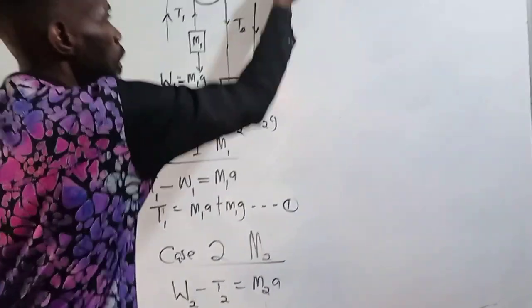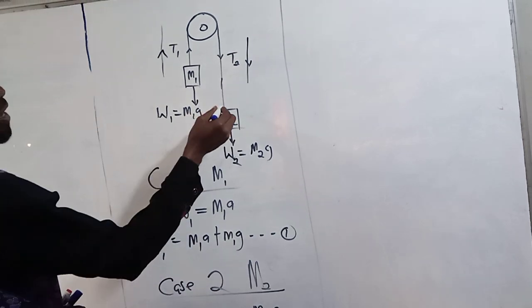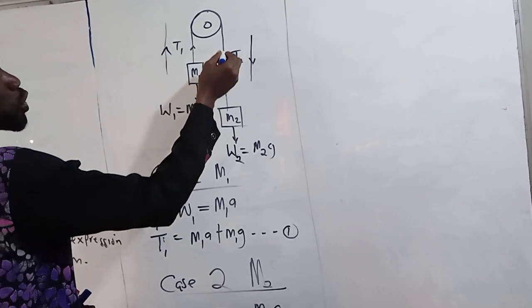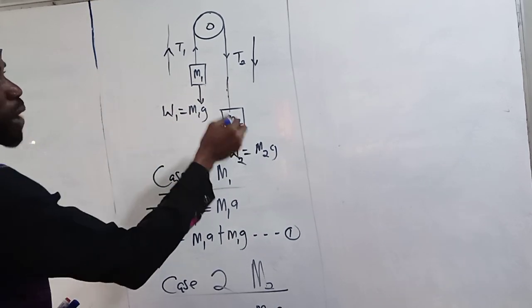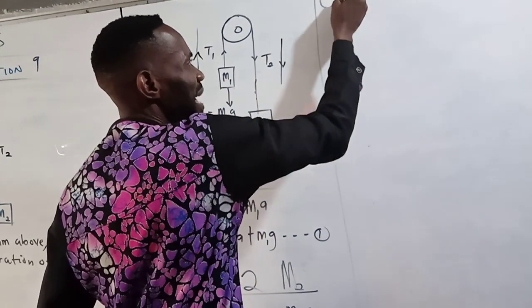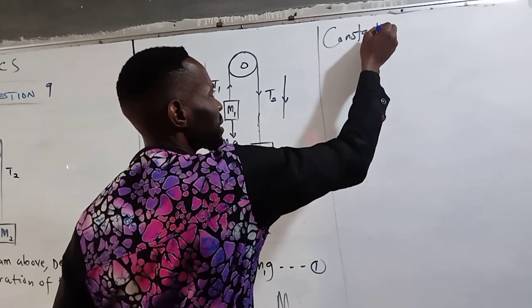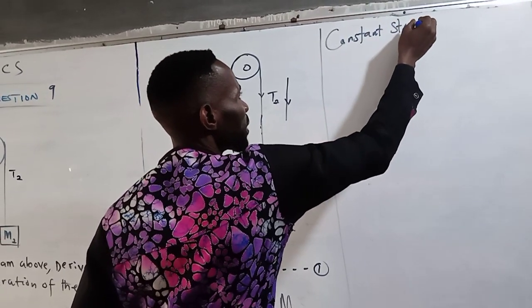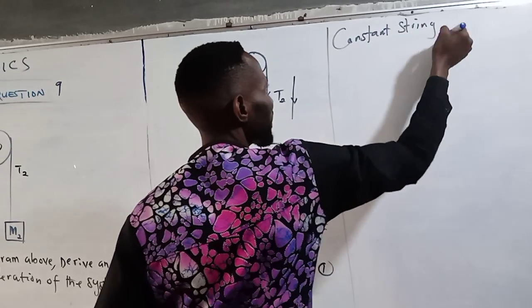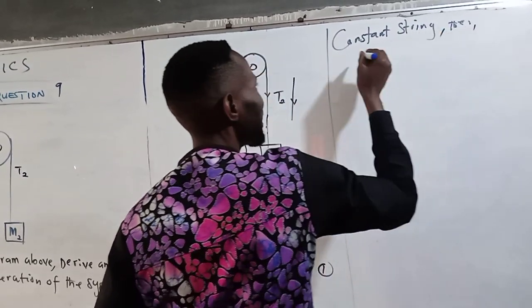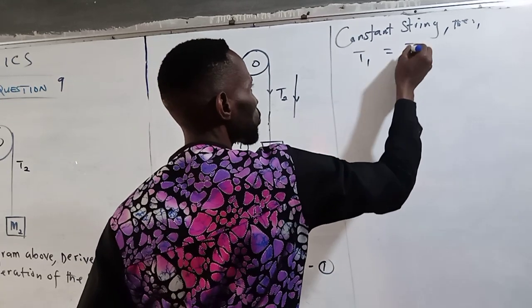But we should recall that a single string is used to attach both bodies of masses. As long as we have a constant string, then T1 will be equal to T2.